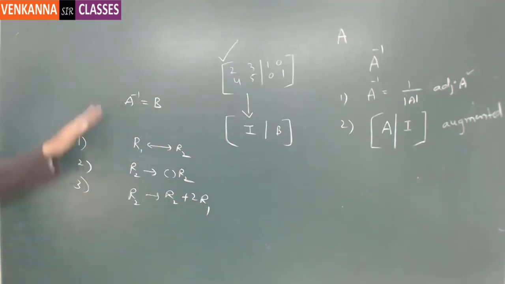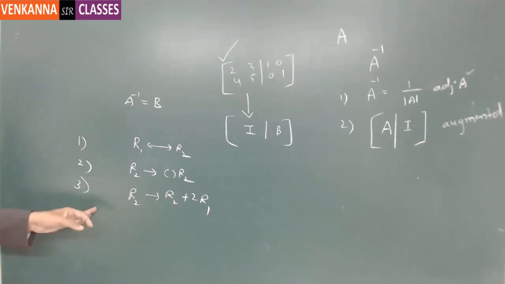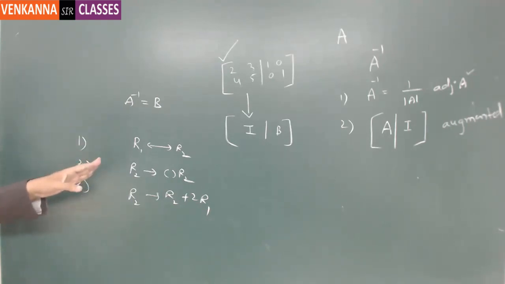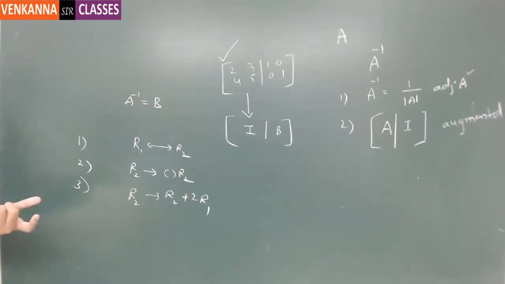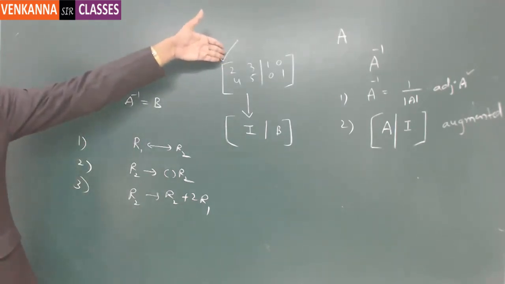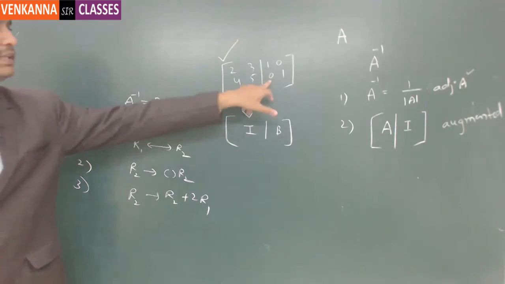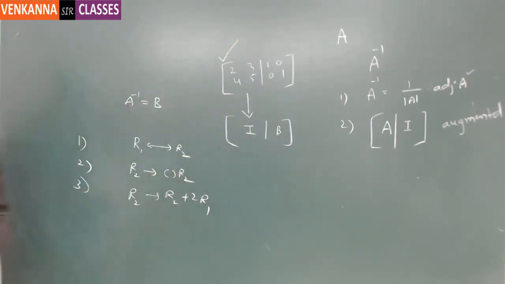These are the row operations we usually follow. There are only three types; we call them elementary row operations. Similarly, the same types of column operations: multiplying a column by a number, interchanging two columns, and multiplying a column by a number and adding it to the other column. After applying row operations, or column operations, this will be reduced to the identity matrix and you will get a new matrix. This is called the inverse of A. Is it known to you? Say.